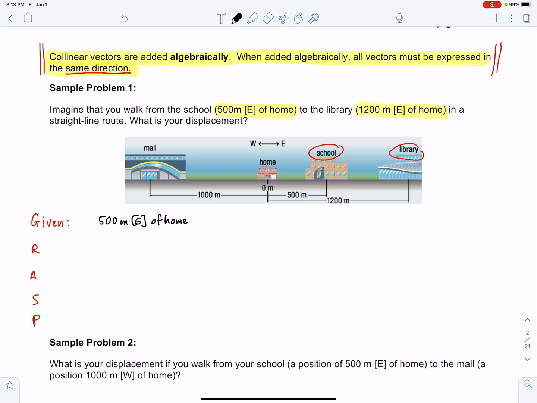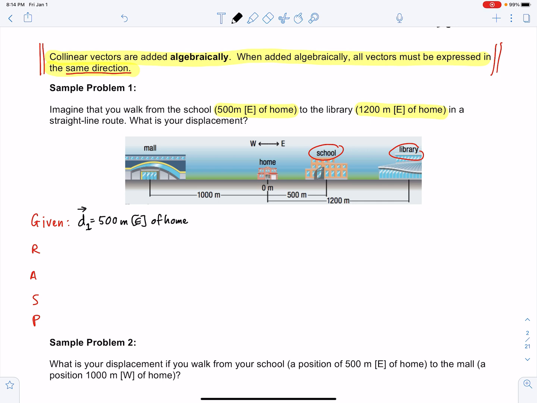So it must be a position and is given the symbol D with an arrowhead. More importantly, this is our starting position. So this is our initial position. We can give it the symbol D1 or DI, whichever you prefer. So we're given our initial position, which is 500 meters east of home.